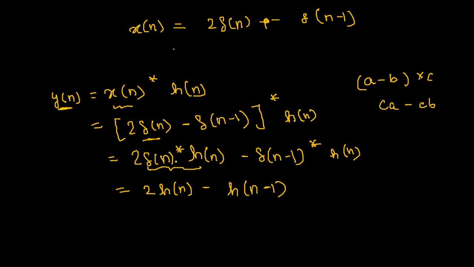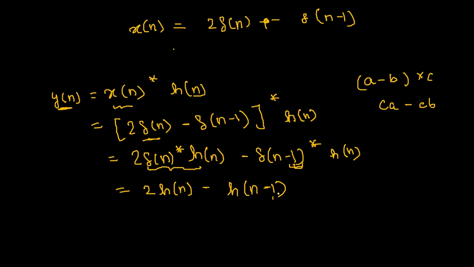Del of n convolution of h of n should give us the same function, that is h of n. And similarly, the convolution of h of n with a shifted delta function, it's shifted by 1 unit, right? So even the h function would be shifted by 1 unit. So we have to write h of n minus 1. So that is the convolution applied.